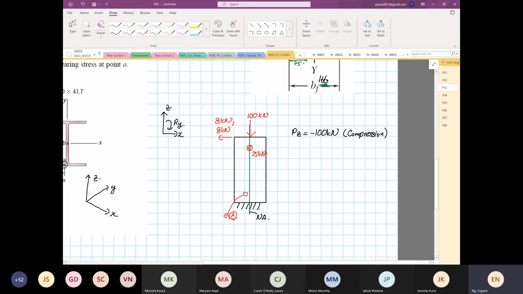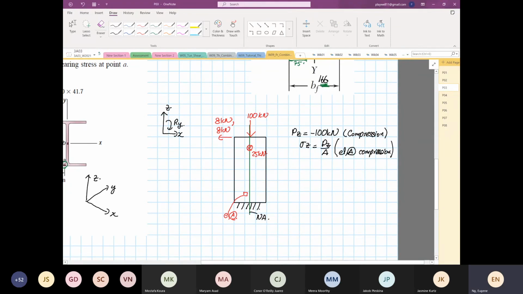So stress in the Z direction is PZ over A. And for element A, it is going to be compression.